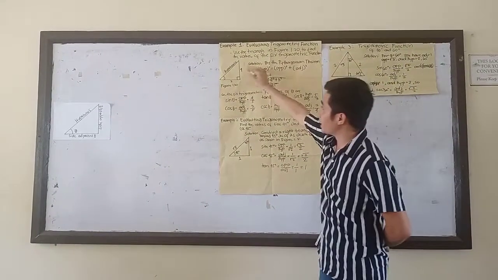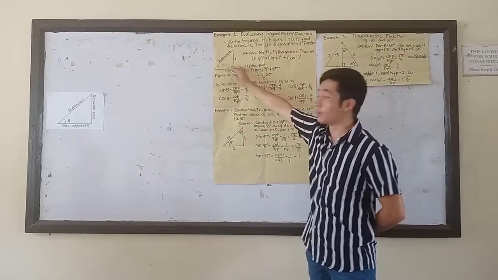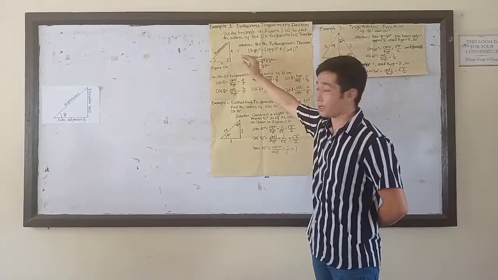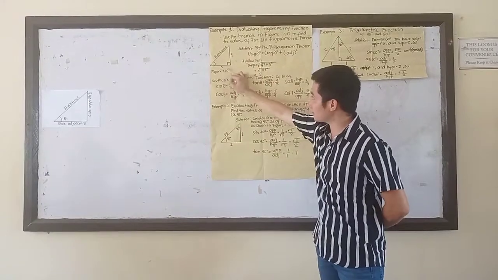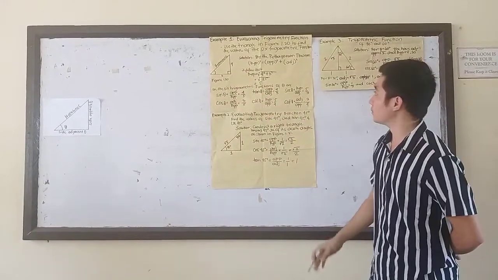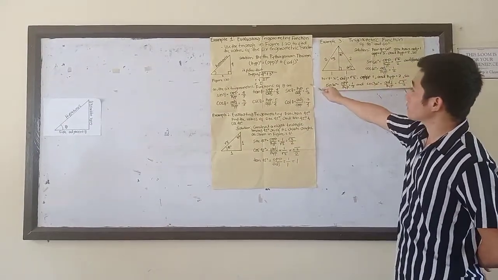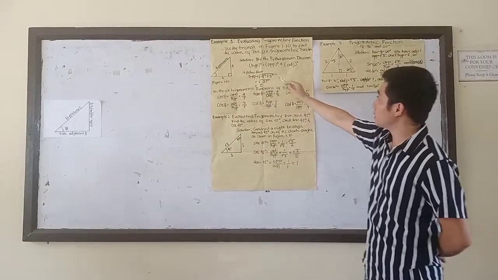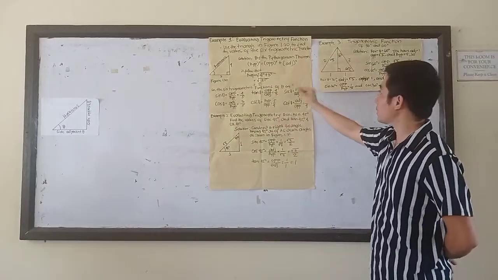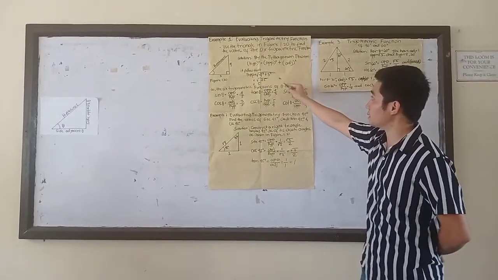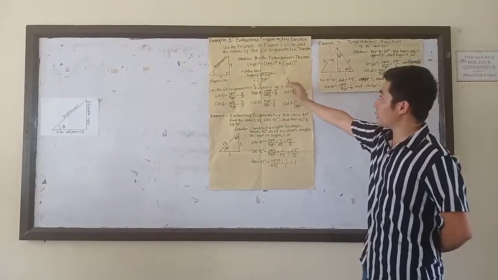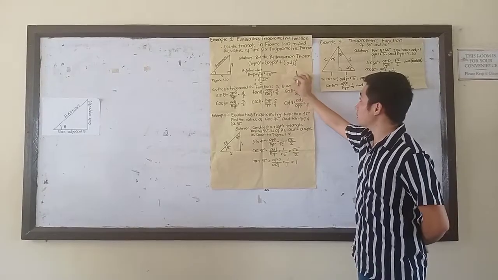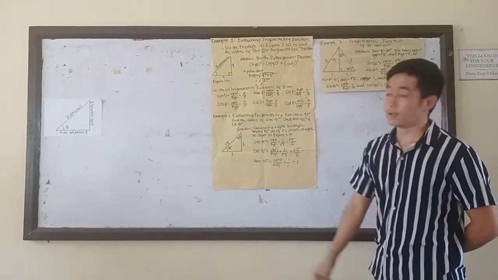We have the right triangle, the hypotenuse, which is the longest side, and the other sides. Solution: we use the Pythagorean theorem, hypotenuse squared equals opposite squared plus adjacent squared.